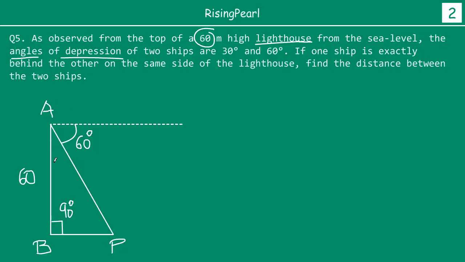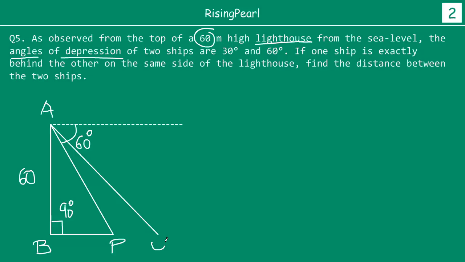Why? Because we have discussed this again: we are going to assume that the lighthouse is standing straight vertically, that is, perpendicular to the ocean or to the ground. Next, there is one more ship somewhere further down in the ocean on the same side of the lighthouse, not on the other side, but on the same side where the ship P is.